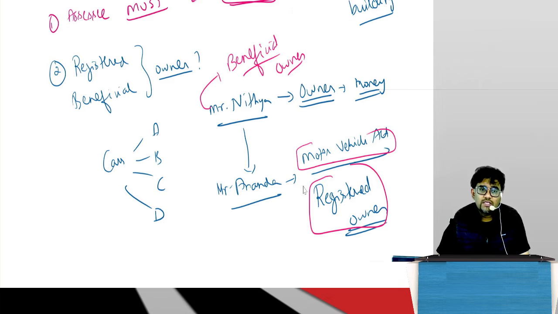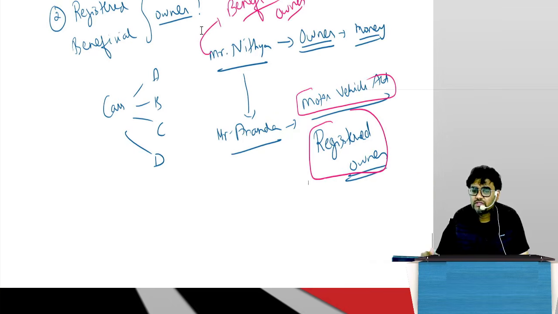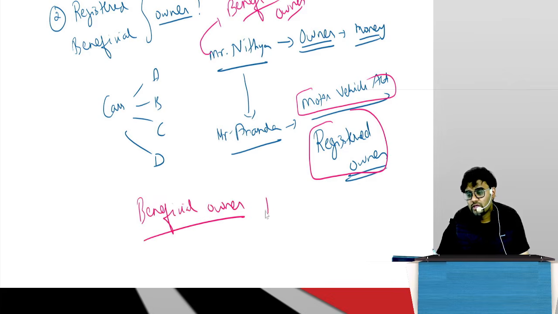Ananda is the owner as per Motor Vehicles Act, but who is the real owner? Mr. Nitya. So they have all the case laws, same decision. What is the decision? Who can claim depreciation? Beneficial owner or registered owner? Beneficial owner. Beneficial owner to claim depreciation.